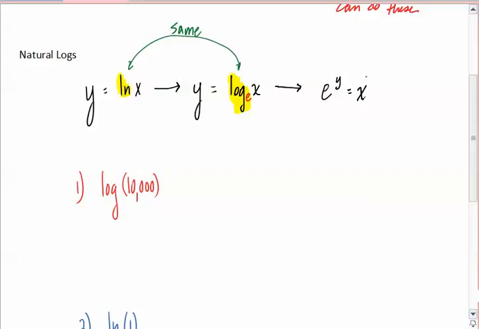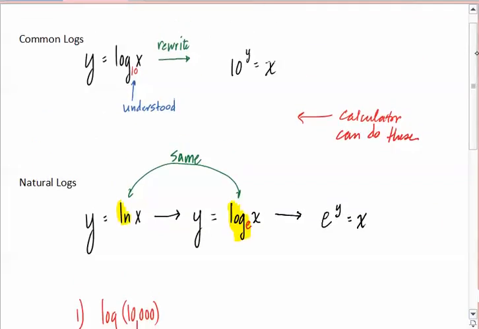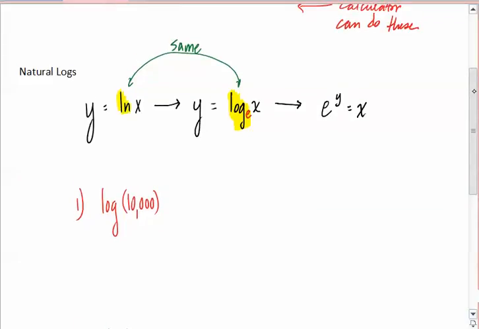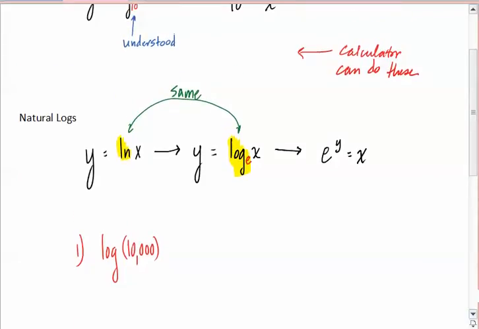All right, now that's helpful for graphing these. This is what's really helpful, using this to graph. The calculator can do common logs, and the calculator can do these.